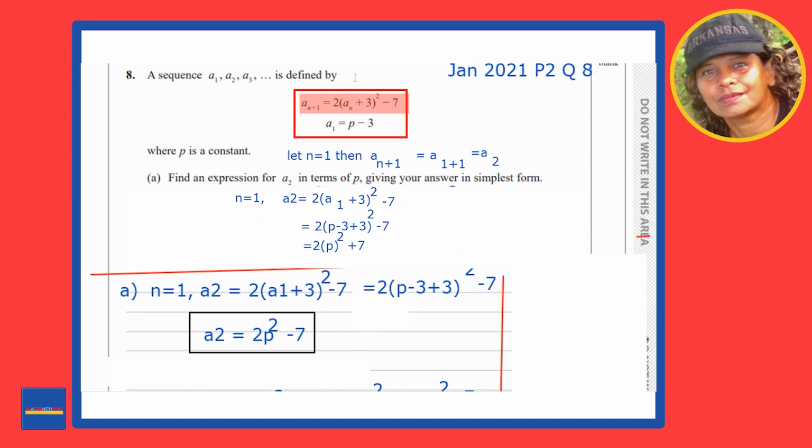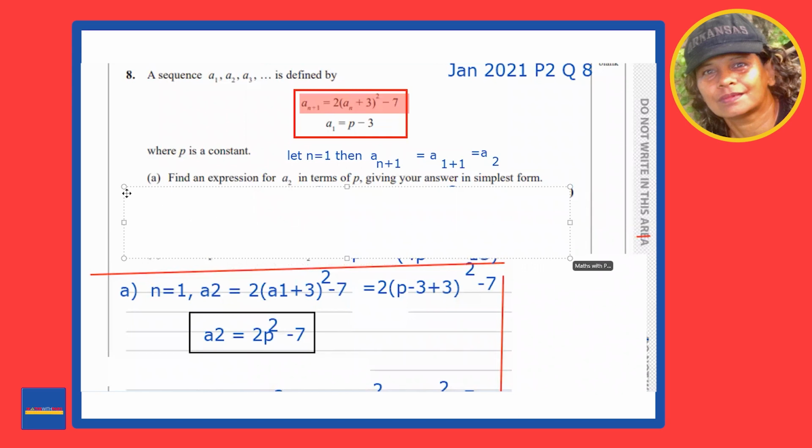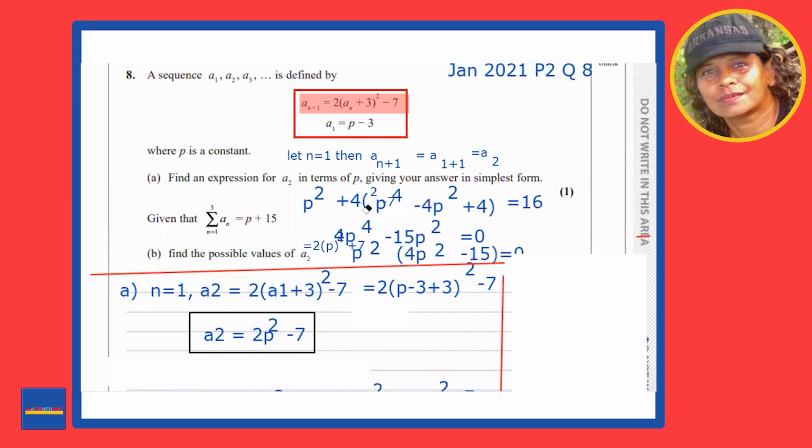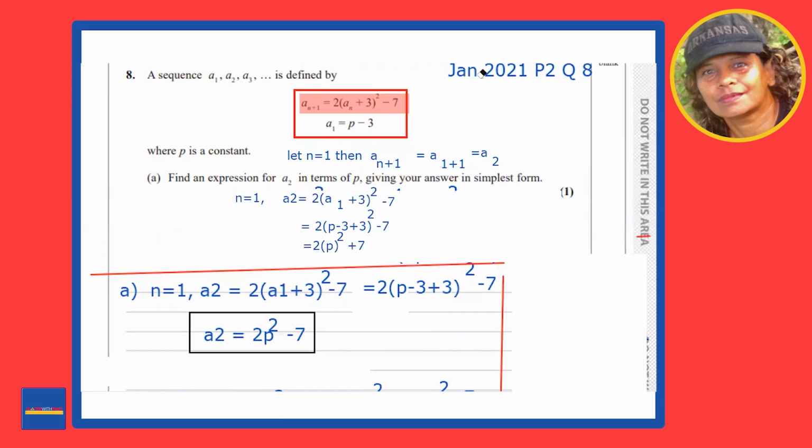So let me just erase what we've done, and we will end up with 2P squared minus 7.